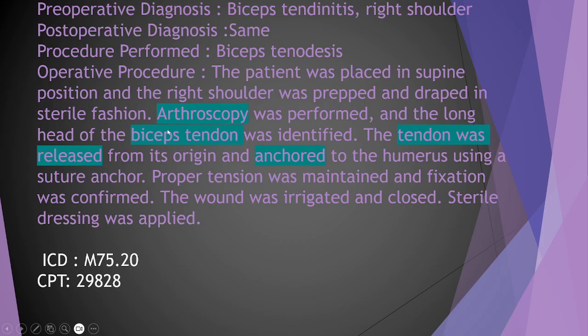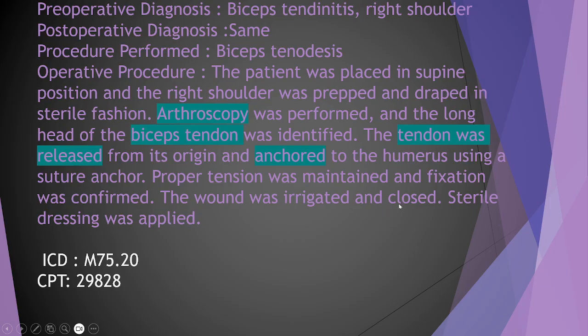So here arthroscopy, not incision, has been made. Only arthroscopy was performed, and the long head of the biceps tendon was identified, and the tendon was released from the origin and anchored to the humerus using a suture anchor, and proper tension was maintained and fixation was confirmed, and the wound was irrigated and closed, and dressing was applied.